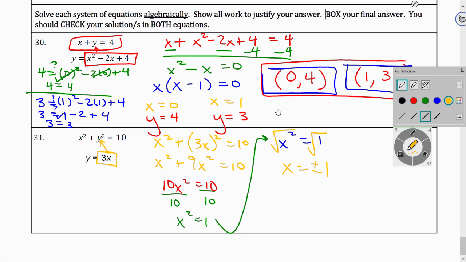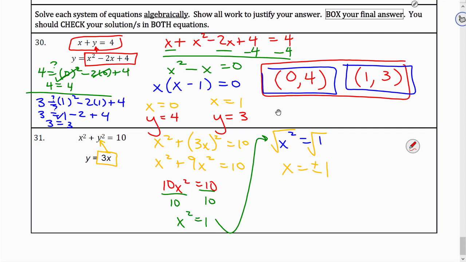So x is equal to positive and negative 1. I need to find the corresponding y values. I can plug into the bottom one, and I get 3 times that, so y would be equal to negative 3, and for this one, y would be equal to positive 3.